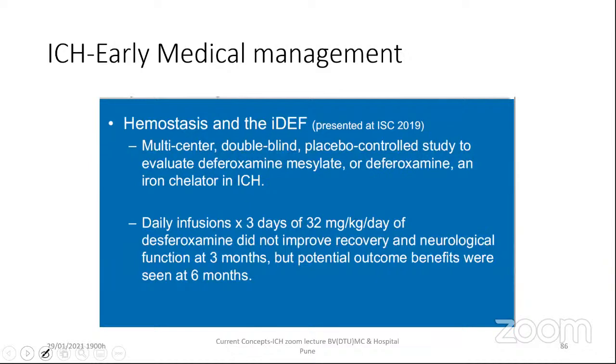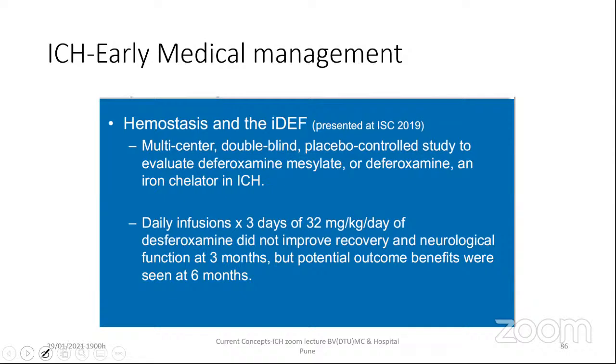So early medical management, new things are coming. There is the hemostasis and the iDEF trial presented at the Stroke conference in 2019, a multi-center double-blind placebo-controlled study to evaluate deferoxamine mesylate, an iron chelator, because we discussed in the pathophysiology the role of iron.